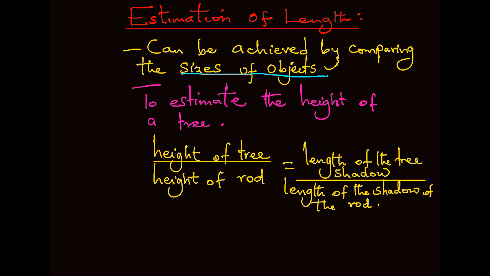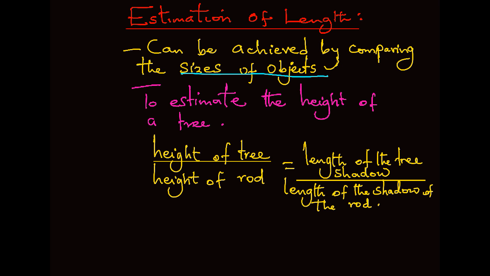In doing this, we hold the rod, or the meter rule in this case, upright and measure its length using another measuring device like a tape measure. We then measure the length of the shadow of the rod and then also measure the length of the shadow of the tree.